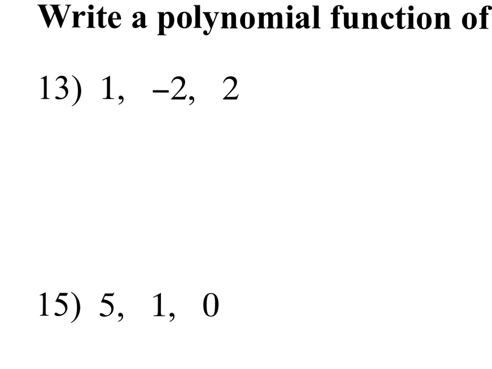To write a polynomial function of least degree using zeros, what we have to remember is that if a is a zero or a root or an x-intercept, what that really means is that x minus a is a factor.